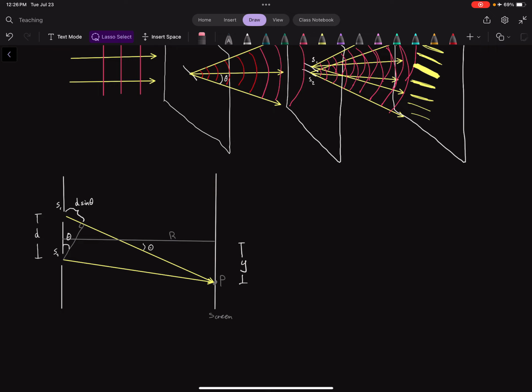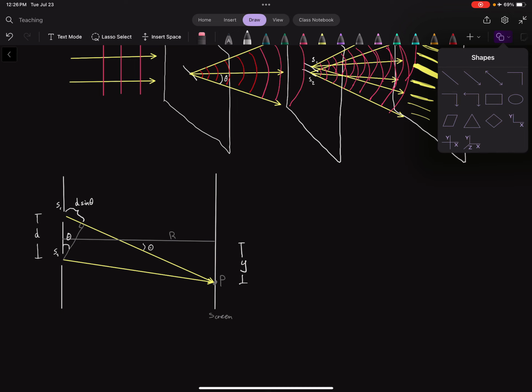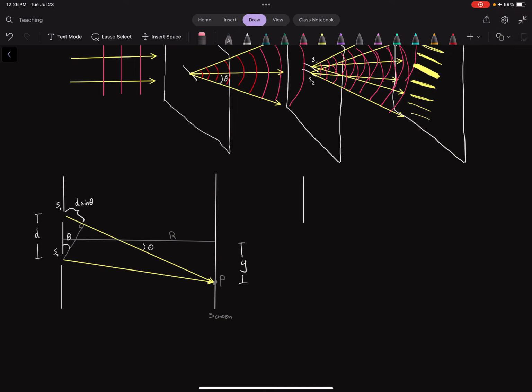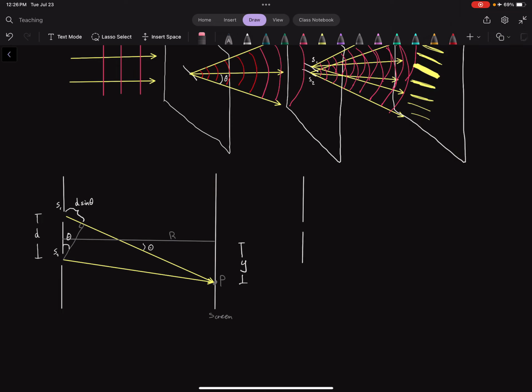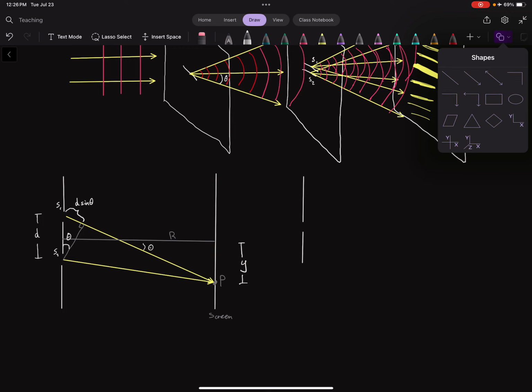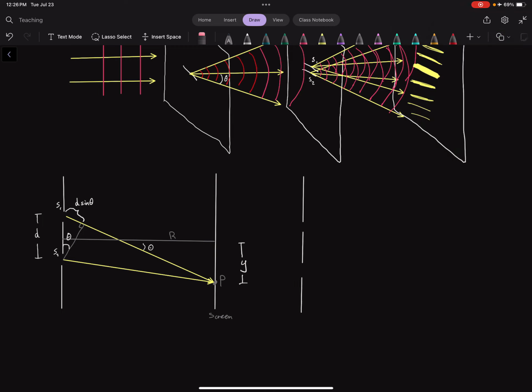The farther out you go, the more these two rays appear parallel. So let's make that assumption that it's far enough away that the rays emanating from these two slit sources are basically parallel. So we're going to say approximately.